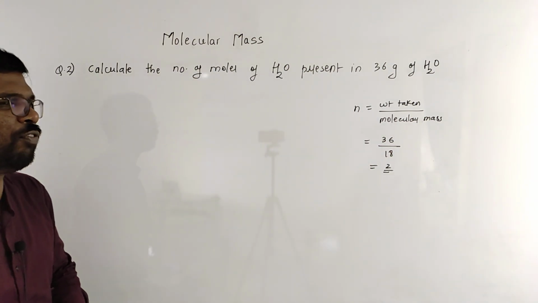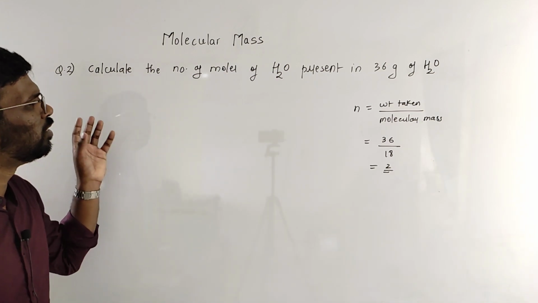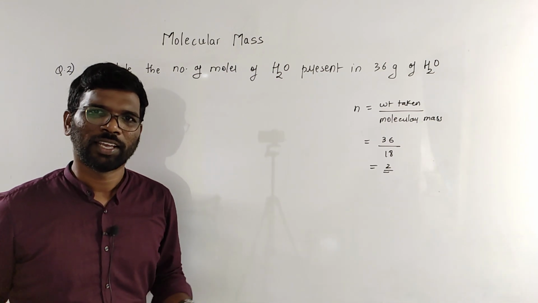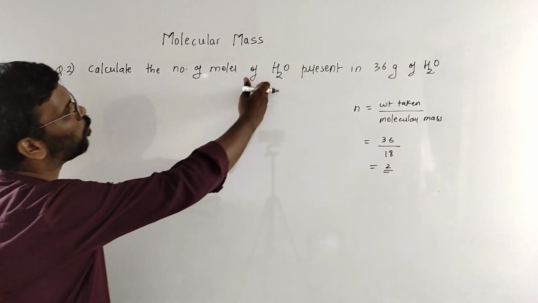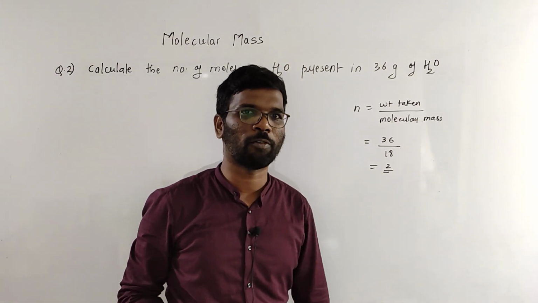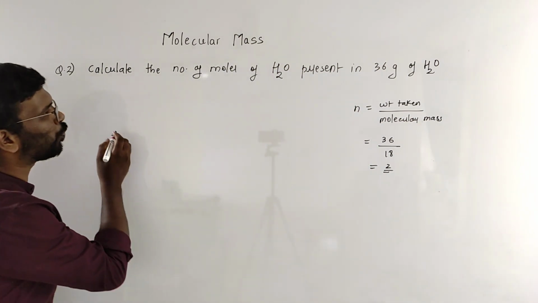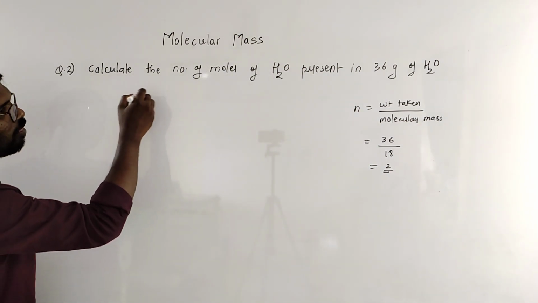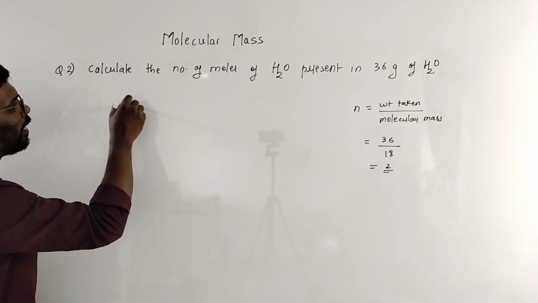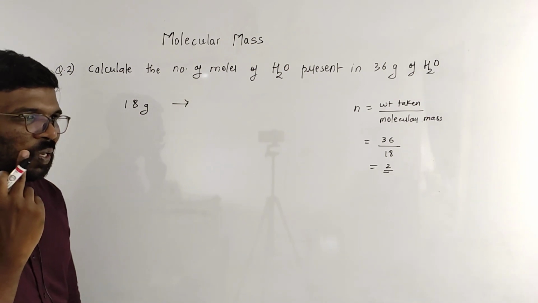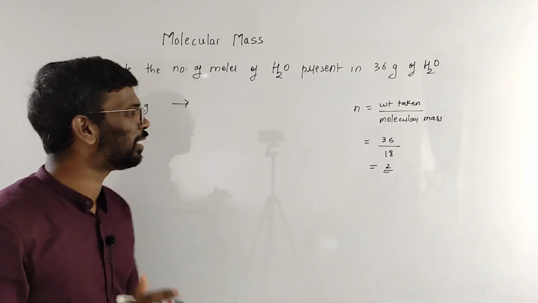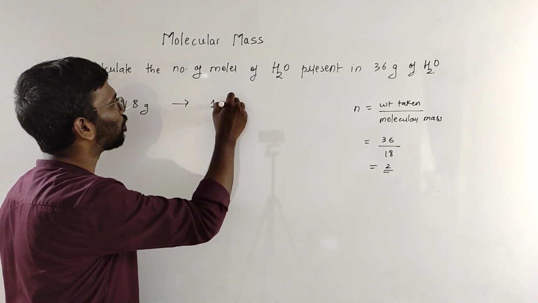But if we don't remember the formula and we just know the concept, then you can still do this question. Question asked is, calculate the number of moles of H2O present in 36 gram of water. We know that 18 grams per mole means 18 gram is 1 mole.